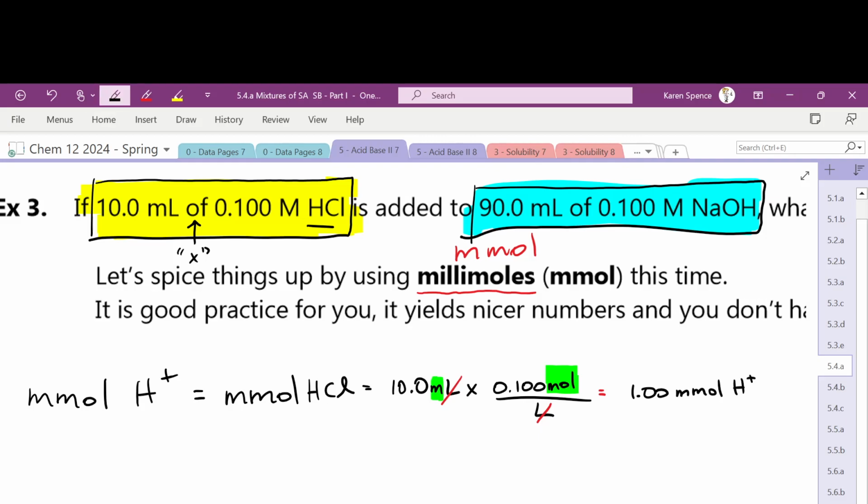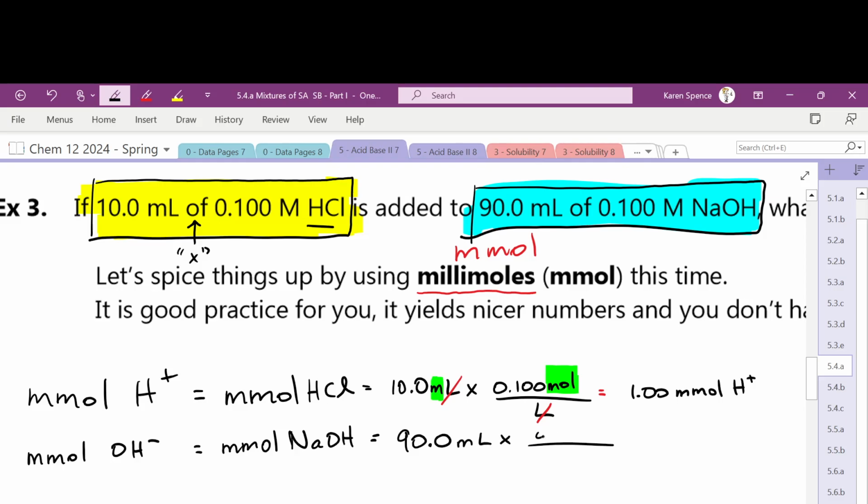What's the second thing we find when we're mixing a strong acid and a strong base? Find millimoles of OH minus. And that's the same as the millimoles of NaOH. And we have 90 milliliters of 0.100 moles per liter.